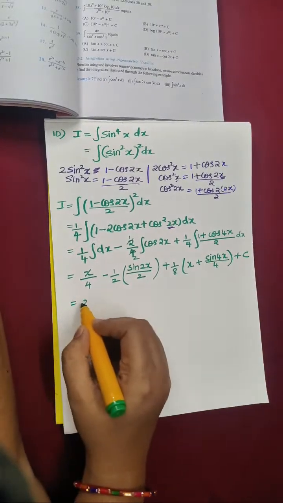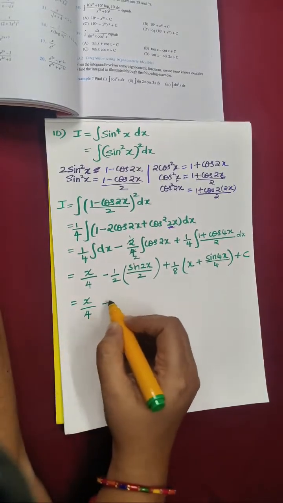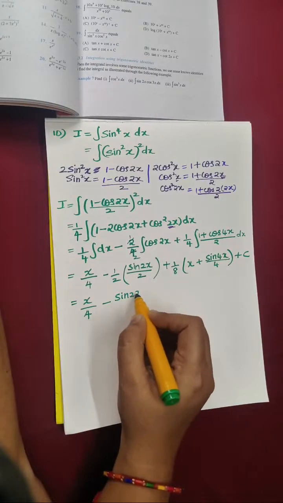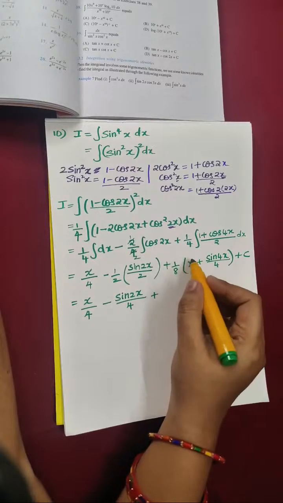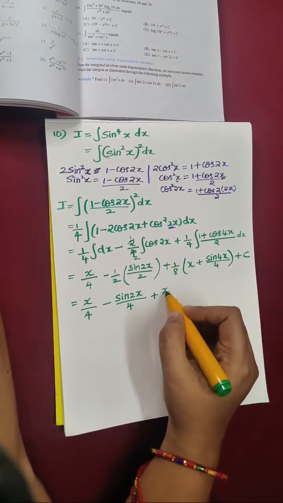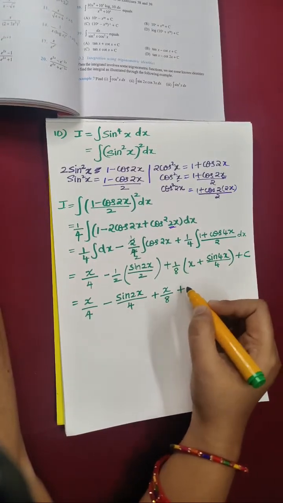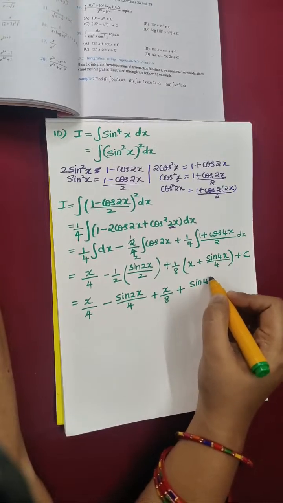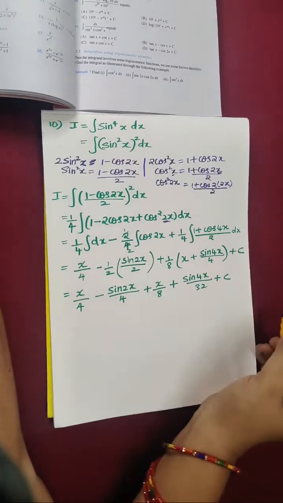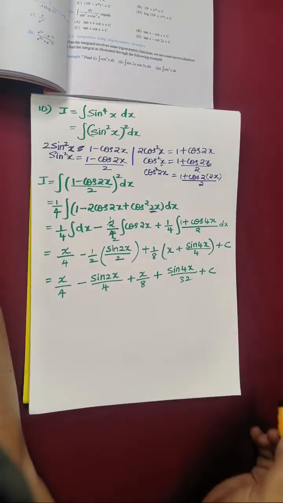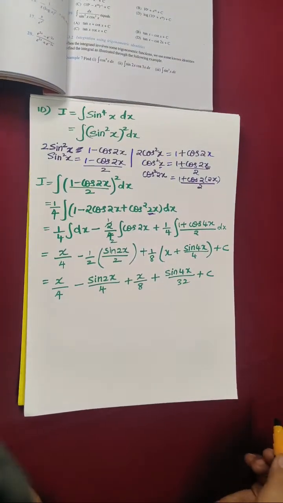So this can be written as x by 4 minus sine 2x by 2, 2 twos are 4, plus multiply this 1 by 8 inside. So I will get x by 8 plus sine 4x by 4, 8 fours are 32, plus c. This is the required answer.